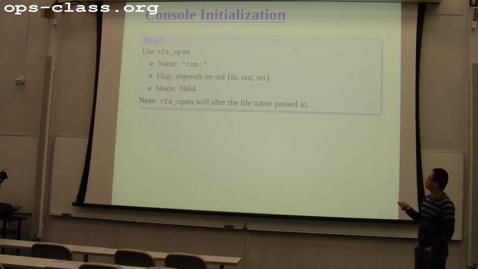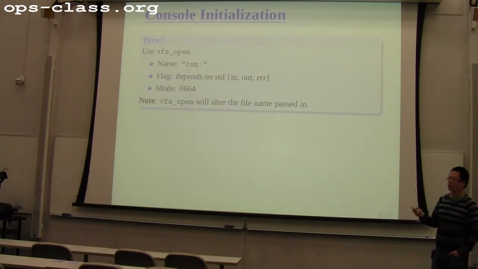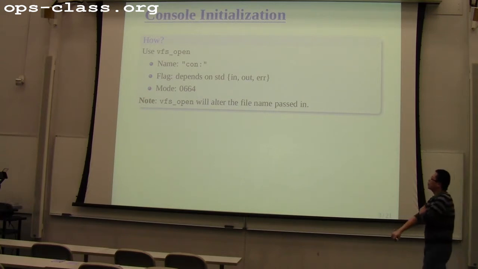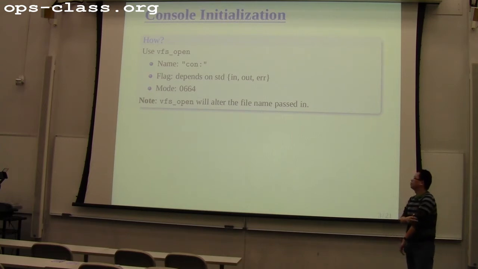And for the mode, you want to pass this. So this is how you open the console. After this function call, you get a vnode representing the console file, which you can read or write on.